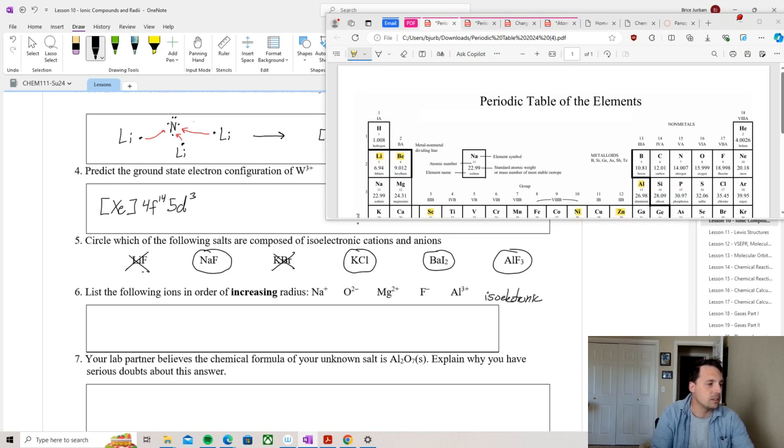They have more protons than electrons. So what we'll find is that the smallest radius will be aluminum 3 plus, and then magnesium 2 plus, sodium 1 plus, fluorine minus, oxygen 2 minus.